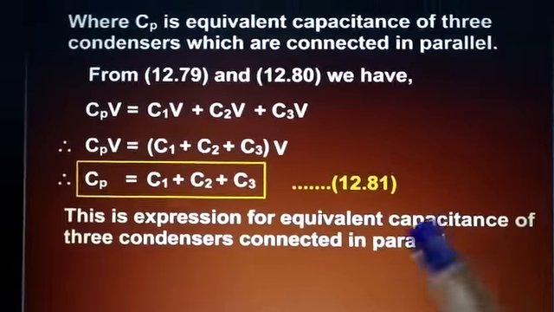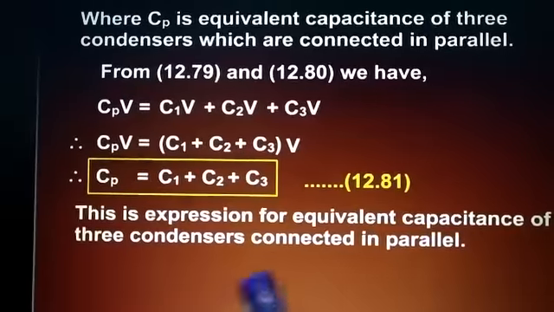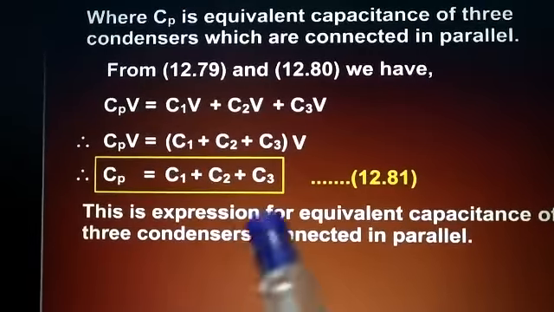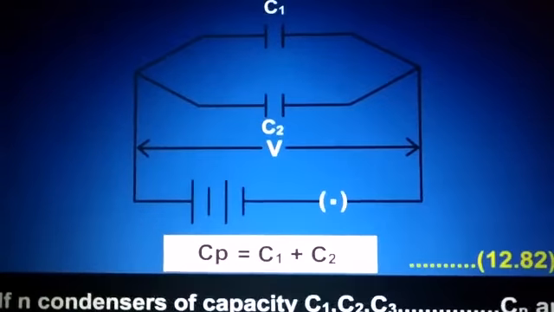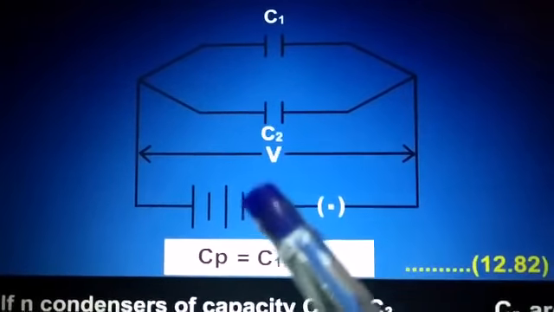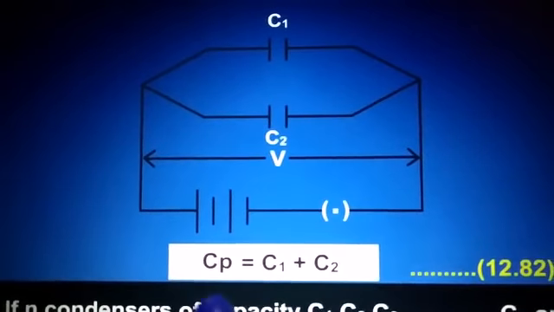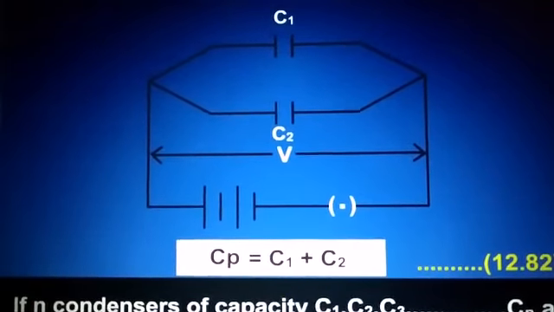This is the expression for equivalent capacitance of three condensers, condensers meaning capacitors, connected in parallel combination. Suppose two capacitors are connected in parallel combination, then we get Cp is equal to C1 plus C2.